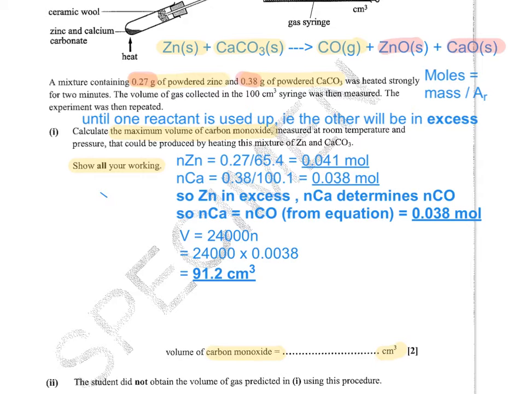If it doesn't necessarily give you an instruction as to how many significant figures, look at the question itself. And failing that, go for 3. So 0.27 is two significant figures, 0.38 is two significant figures, so 91.2 to two significant figures is 91.